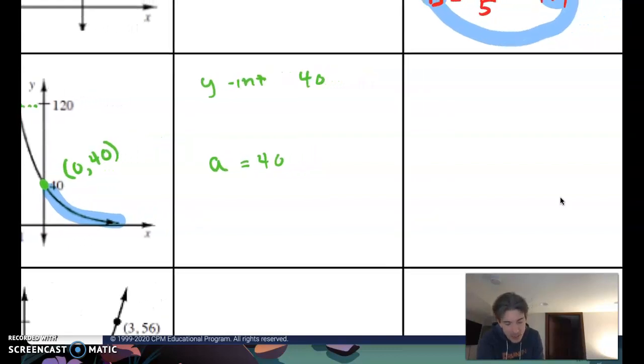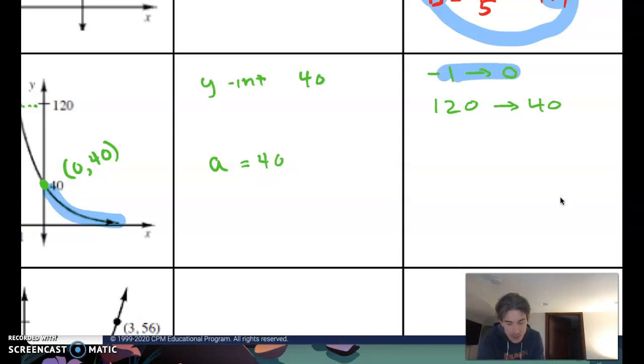I notice I went from -1 to 0. And as the graph did that, my y's went from 120 to 40. Because these two things are consecutive, I can go from one term to the next term.